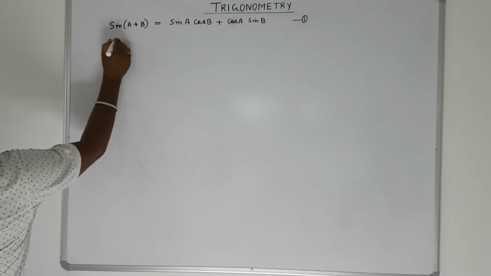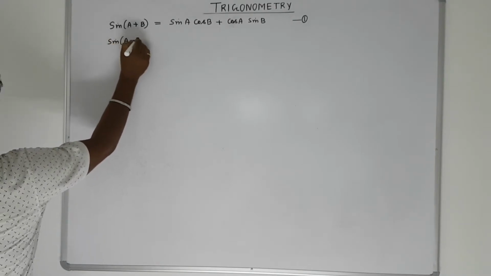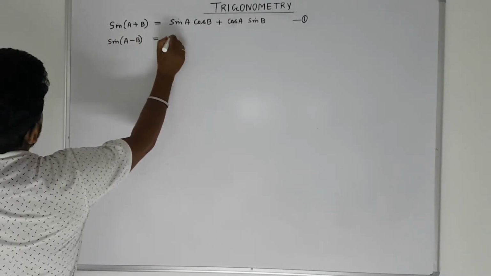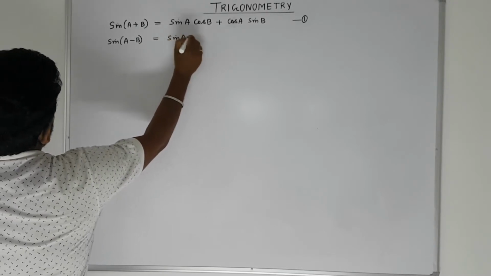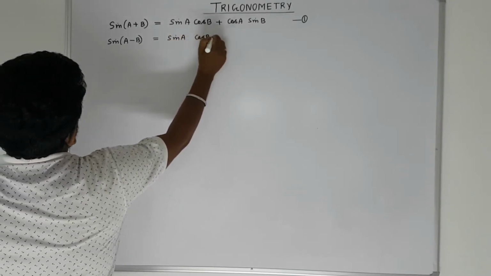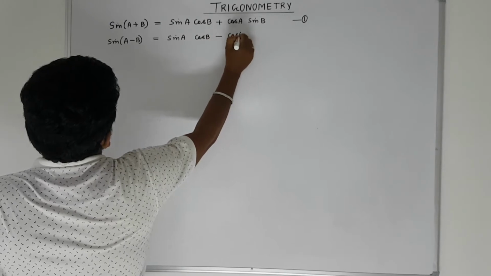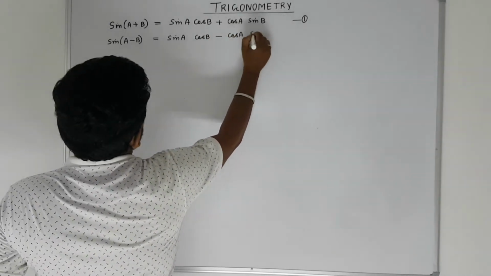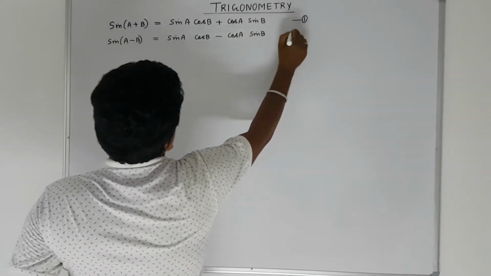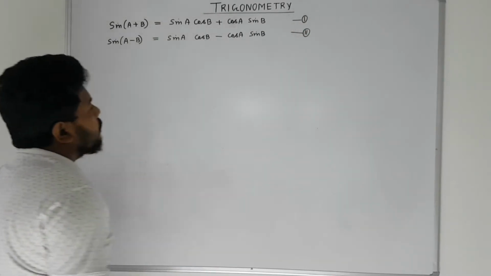Number 2, sin(A-B) = sin A cos B - cos A sin B. This is number 2.